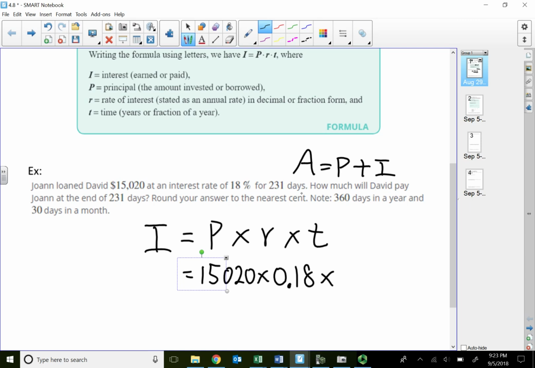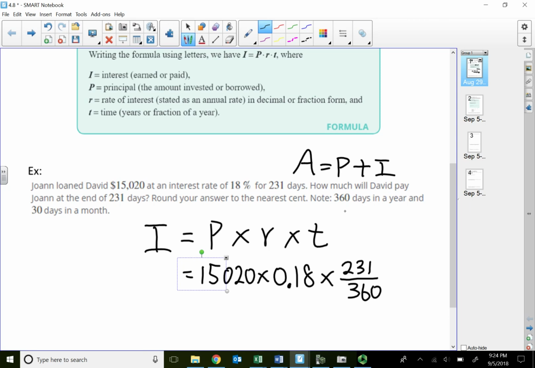Well, David's only borrowed this money for 231 days, so that will be 231 days out of 360 days in a year.